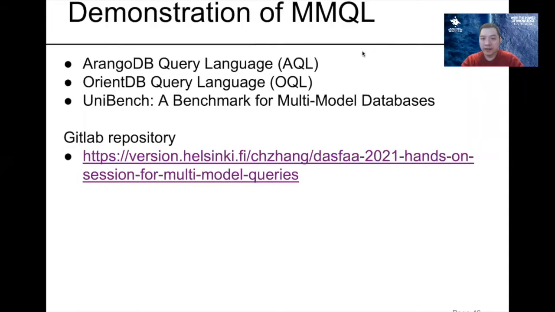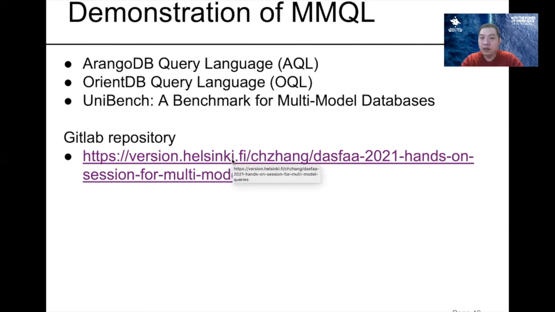Hi, this is Charles here. Next, I will demonstrate two multimodel query languages, the ArangoDB query language, or AQL, and the OrientDB query language, or OQL. We will use the data and queries from UniBench, which is a benchmark for multimodel databases developed by our group, and all the materials in this demonstration have been released at the GitLab repository here.